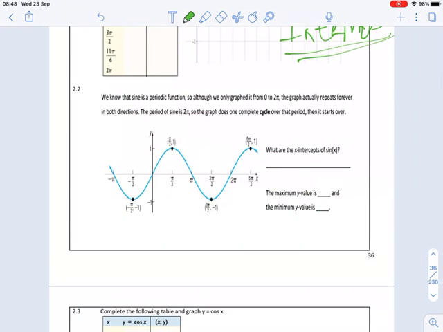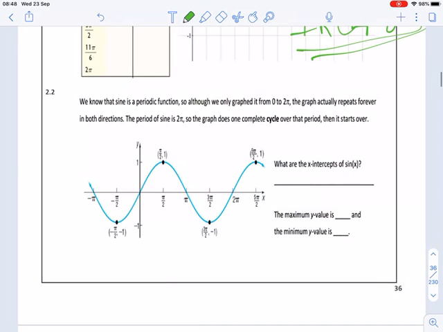Now, when we look at the sine graph, like you've done in school, we must remember that the normal sine graph has a period of 2 pi. And what is important is that the sine graph starts at the center position, then moves to the top, then to the center, then to the bottom, and then to the center.